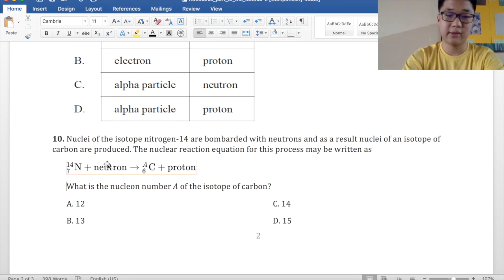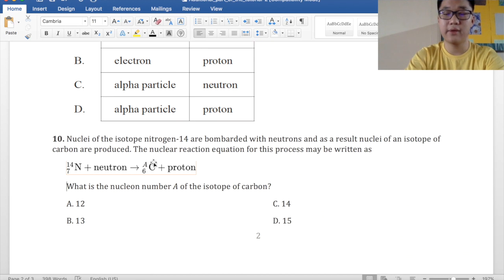We see here that we have a neutron and a proton. A neutron is 1 and 0, while a proton is 1 and 1. So if this neutron is 1 and 0, then this side over here is 14 plus 1, 15, and 7 plus 0 is equal to 7, so 15 and 7. Here we have a proton which is 1 and 1.